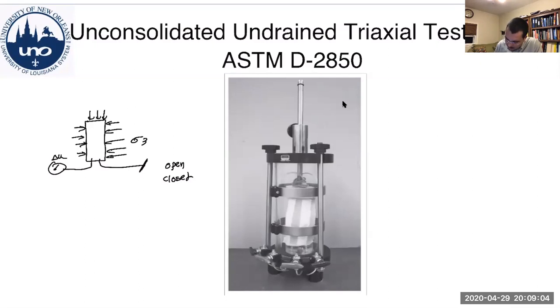Imagine that this is in a chamber with de-aired water, and in this phase of the test you can have the drainage valve open or closed. Then in the second phase, you will apply the major principal stress and fail the sample. And you can also control the drainage conditions during failure.